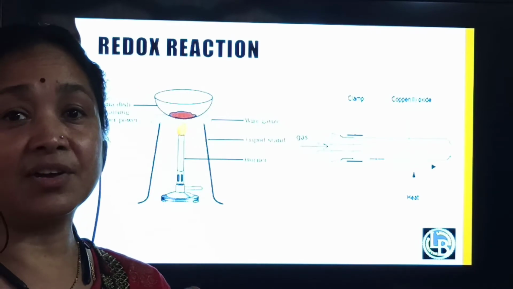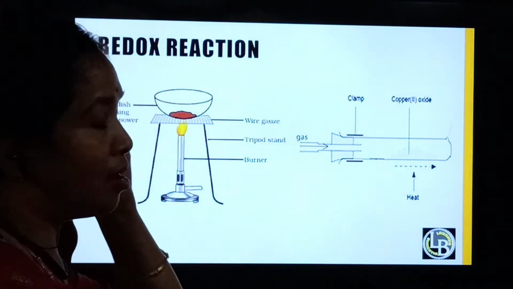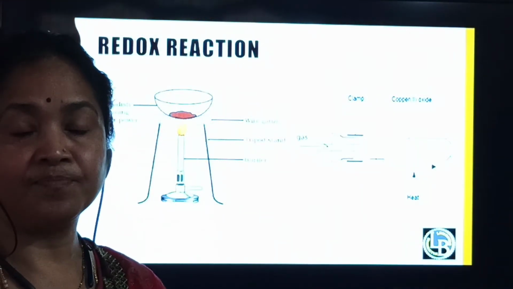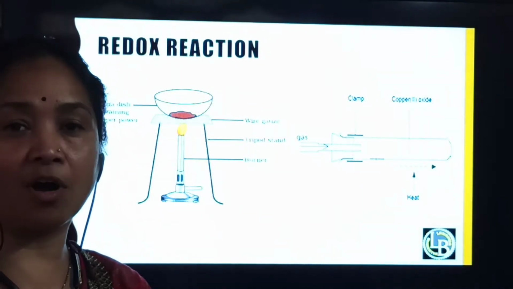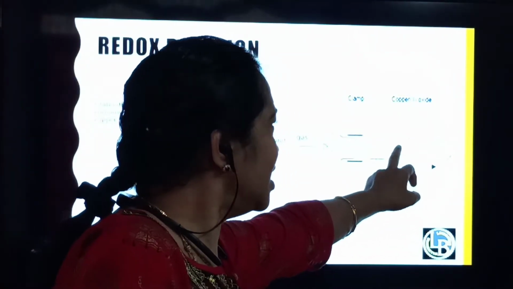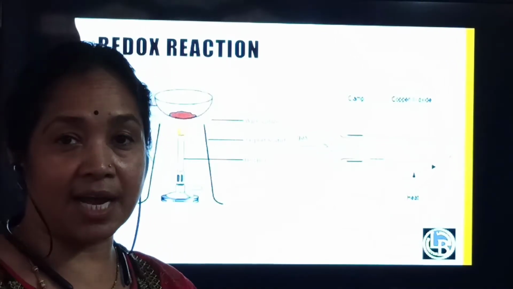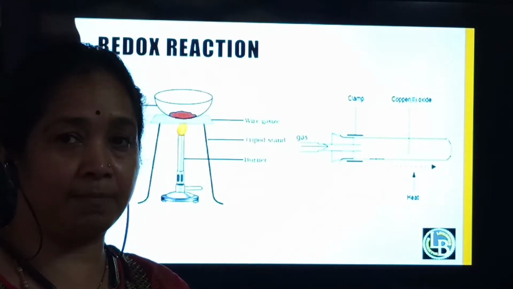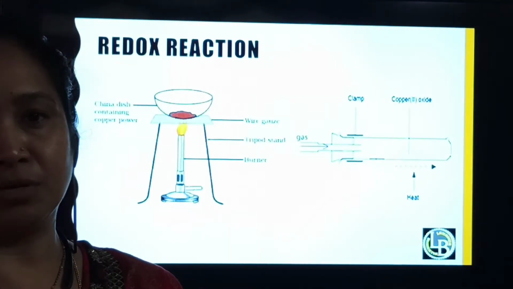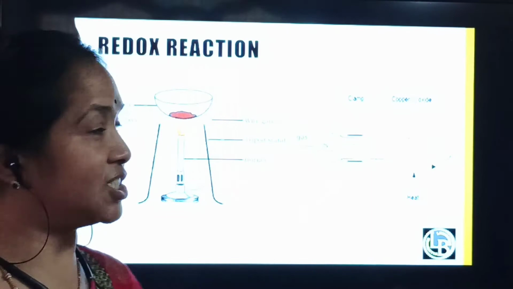Copper is reddish brown in color, but after burning, or after reacting with oxygen, it adds oxygen and forms black colored copper oxide. This copper oxide is black in color. Once again I repeat, the oxidation of copper into copper oxide is done here.